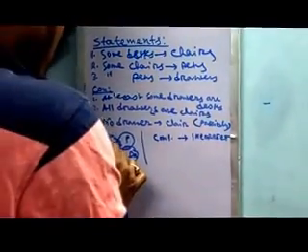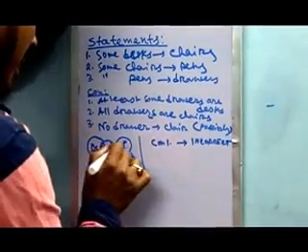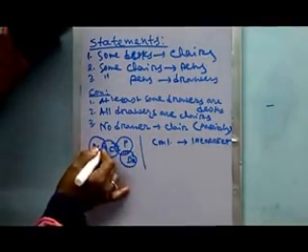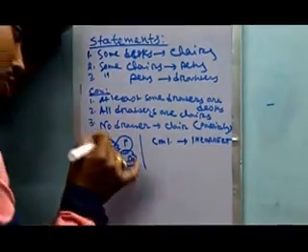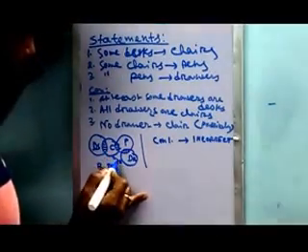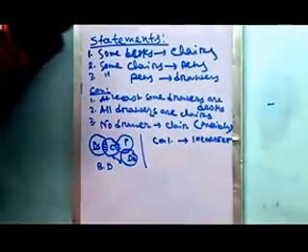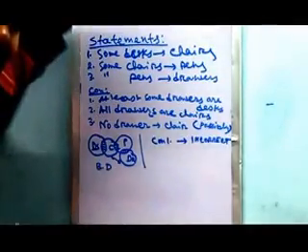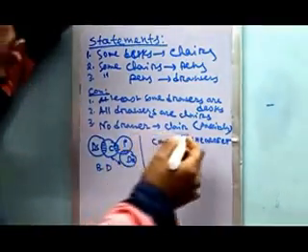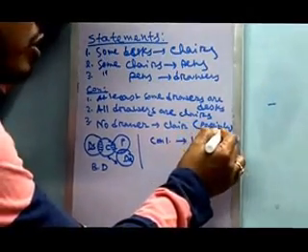Also, some pens are within the chair region. So it's a possibility that some drawers will be within the chair region. It is a possibility. It doesn't mean that it will be. That's why it's indicated as a possibility.